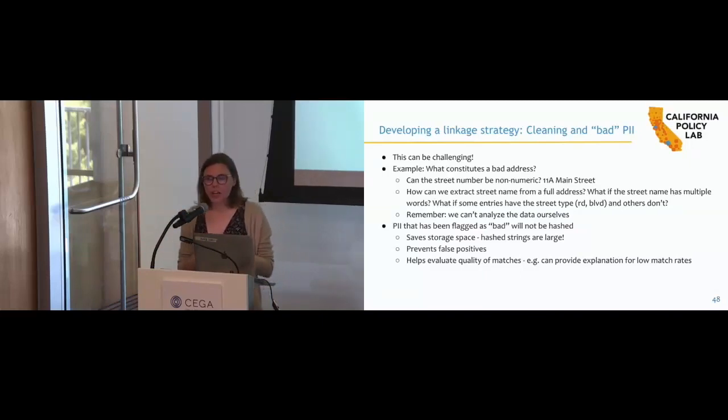It can also help when you get to evaluating the quality of your match. So if you are seeing pretty low match rates, but you can see from the bad flags from the hashed data that a lot of those things that aren't matching have bad data, that can provide you with a plausible explanation as to why you're seeing such a low match rate.